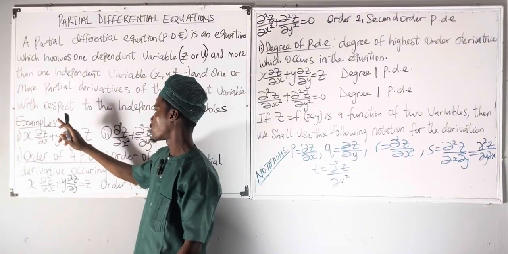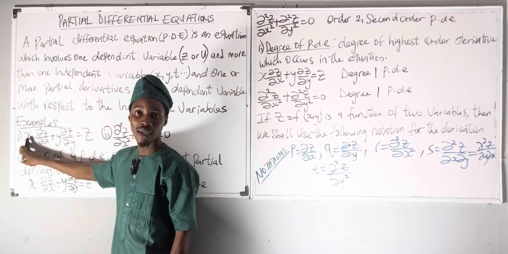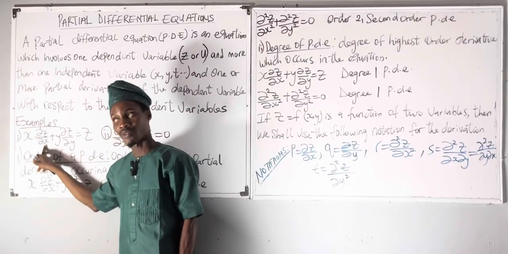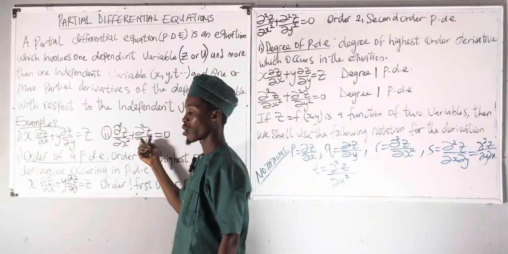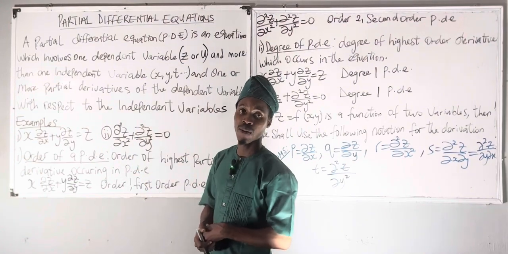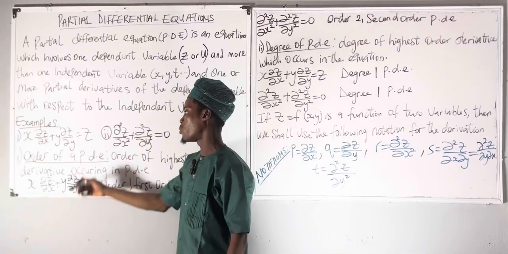We call this one a Laplace equation. So the Laplace equation is an example of a partial differential equation.